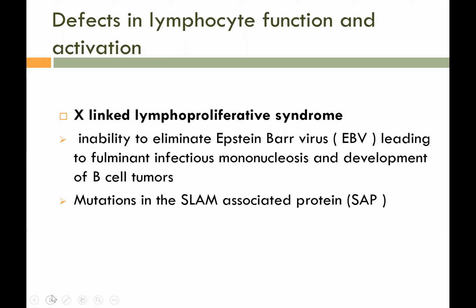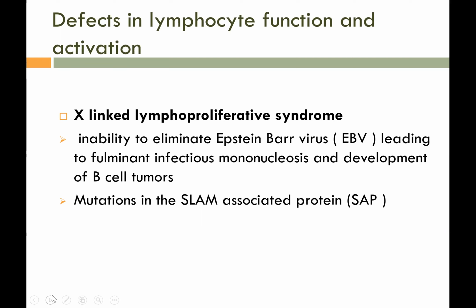We also have our X-linked lymphoproliferative disorder, in which the virus to remember is Epstein-Barr. The diseases associated with it are basically the following: infectious mononucleosis and B-cell tumors, for example, lymphoma. In 80% of cases, the disease is due to mutation in the gene encoding an adapter molecule called SLAM-associated protein, otherwise known as SAP.